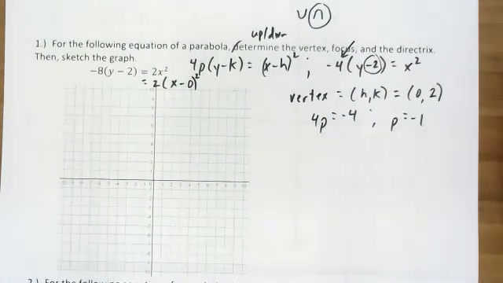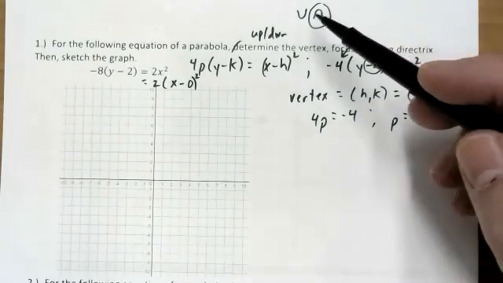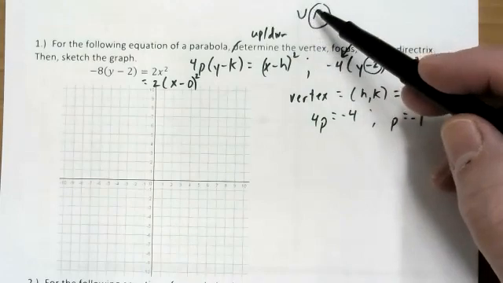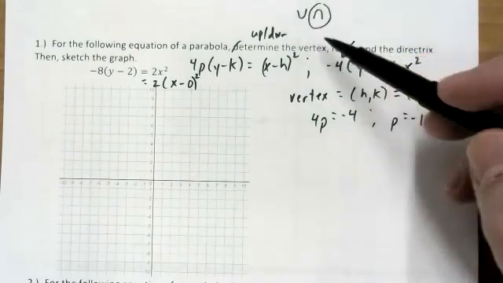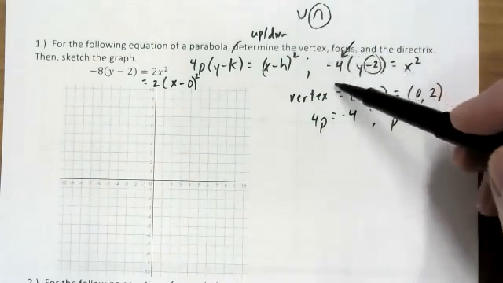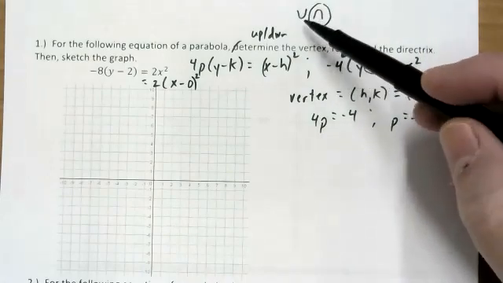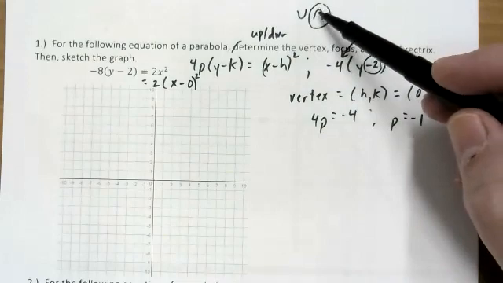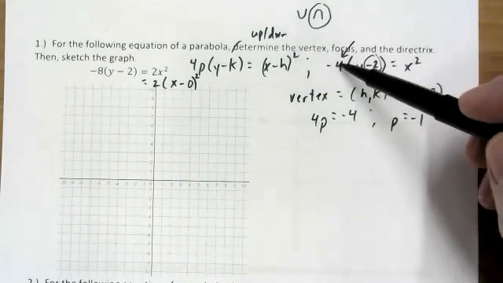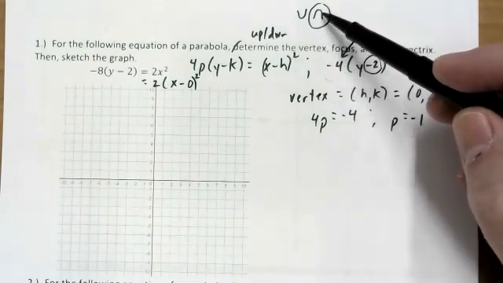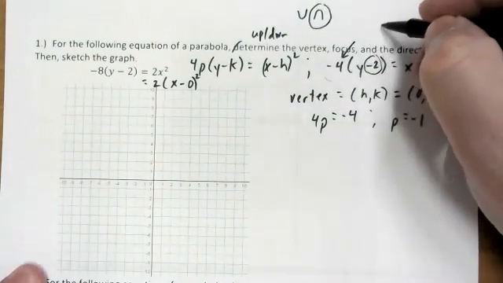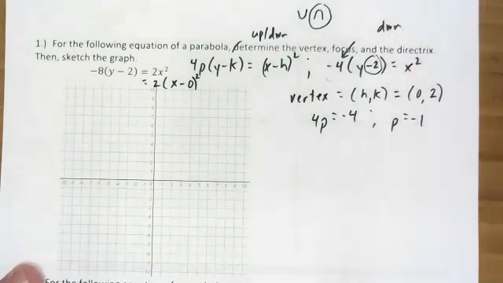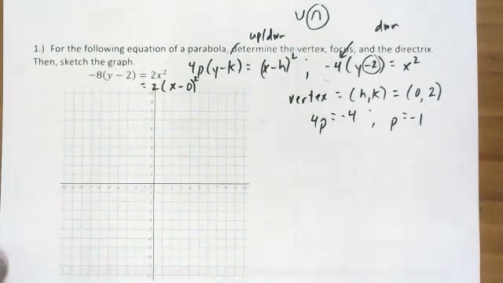And once again, in class, what I suggested is I think of this as like a smile or a frown. A positive person smiles a lot. So if this coefficient, this number in front of the parentheses, is positive, you have an up parabola. A negative person frowns. Since the number is negative, it's like a frown, which is like a parabola down. So for this problem, when I get ready to sketch it, it's going to be a down parabola.